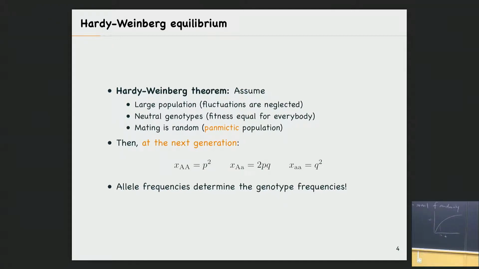Then if these conditions are satisfied, you can find that within one generation, whatever the initial values of the frequencies of the genotypes were at the beginning, the frequency of the heterozygotes is equal to 2pq, the frequency of the homozygous for A is p squared, the frequency of the homozygous for small a is q squared, where p and q are the quantities that we have evaluated in the first slide as a function of the initial values of these frequencies.